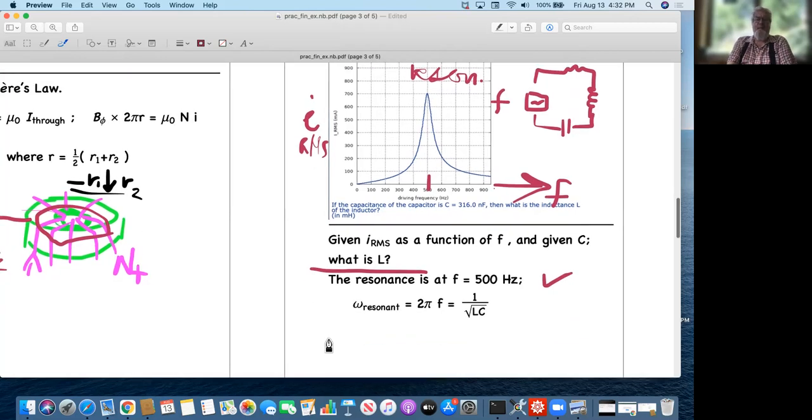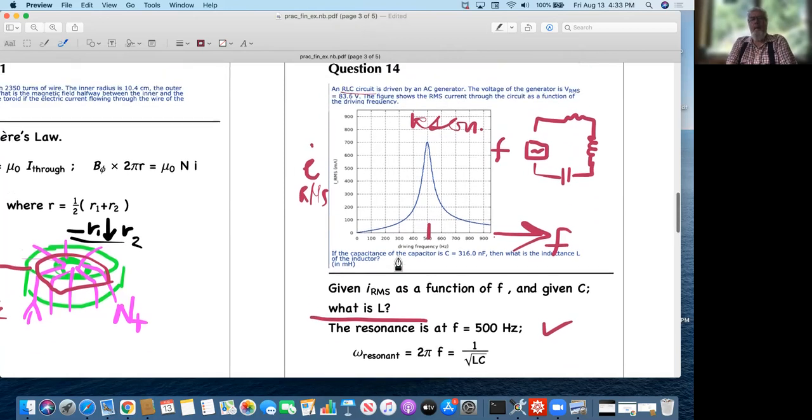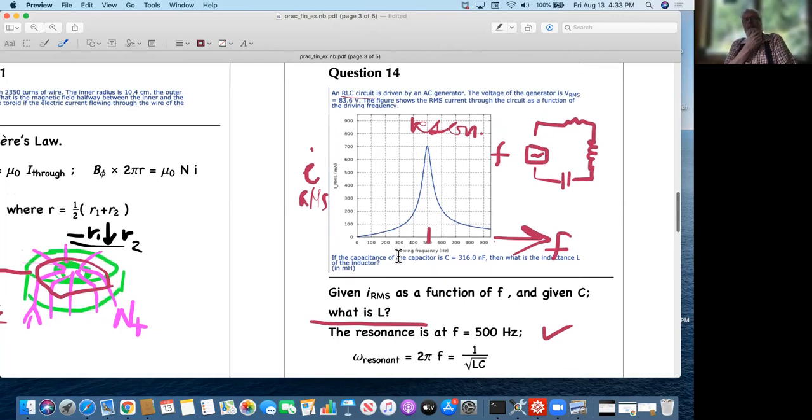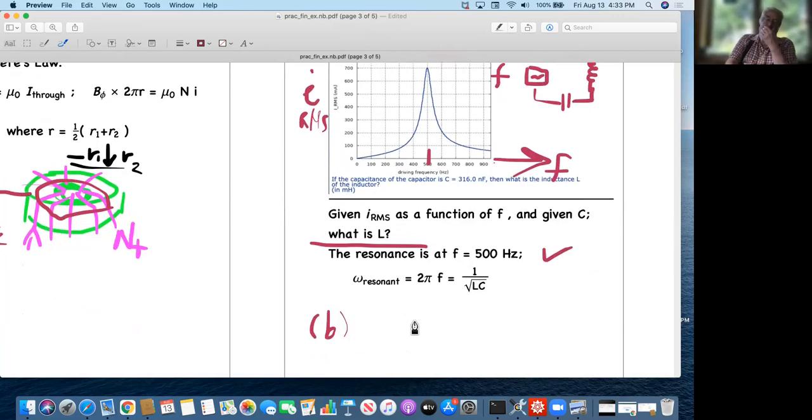There's also a part B. I'm not sure I remember what the question is in part B. You remember the impedance is equal to the square root of R squared plus XL, the impedance of the inductor, minus XC, the impedance of the capacitor, squared.